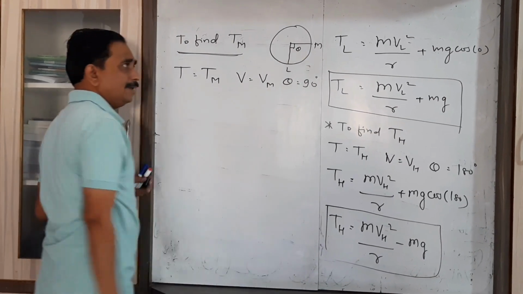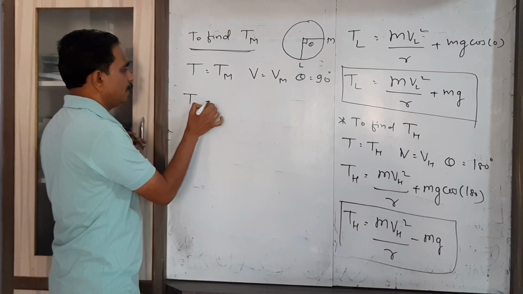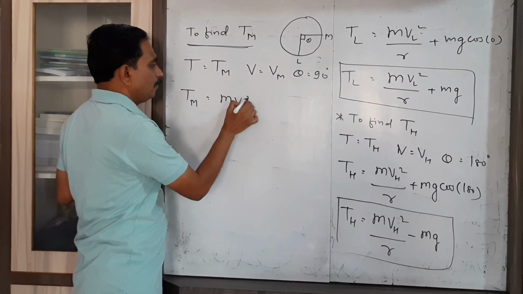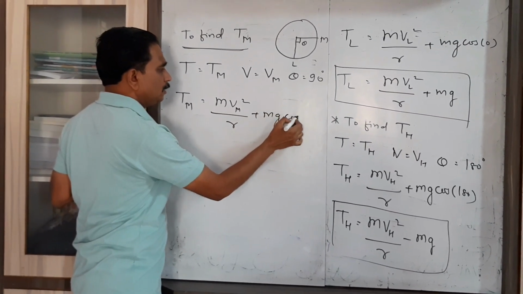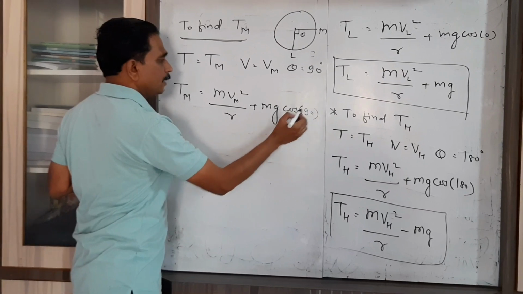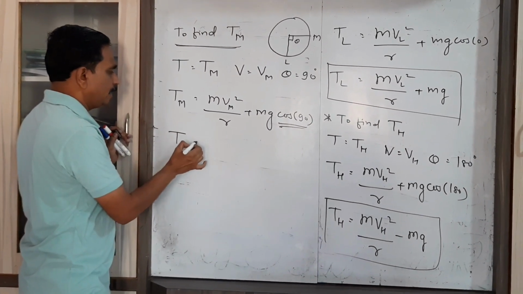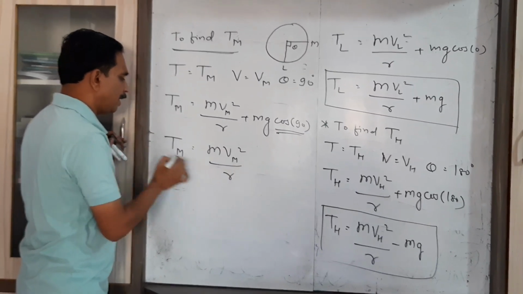Now here what is the angle? 90. So I write here tension at middle position equal to m Vm square by r plus mg cos 90. Now as cos 90 is 0, therefore tension at middle equal to m Vm square by r.